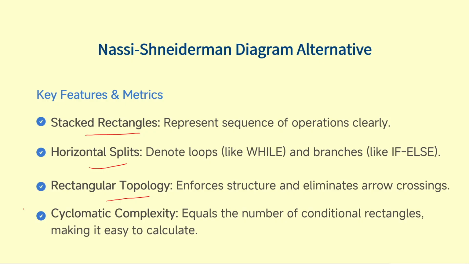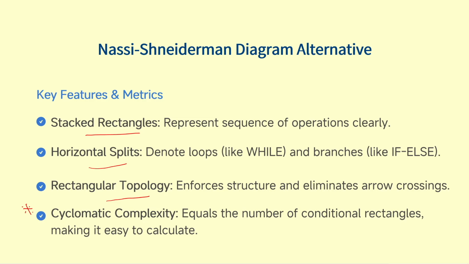Since that is one single module, the number of arrows that move here and there will be reduced. Normally the arrows will be high with respect to one single module and should not cross across modules. That can be handled using this NS diagram alternative, and this is the main important point.